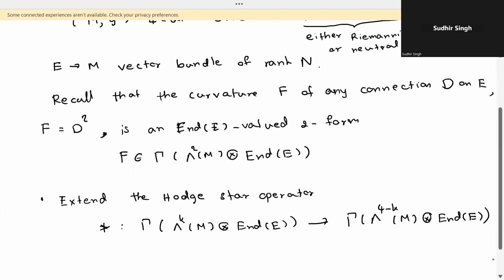We extend it simply by noting that an element here is a linear combination of terms like this, the tensor product of a k form on M with a section of End(E). And then we just say that the Hodge star operator will act on alpha, the part that is a k form on M, like this.